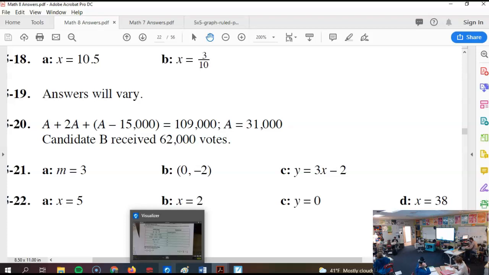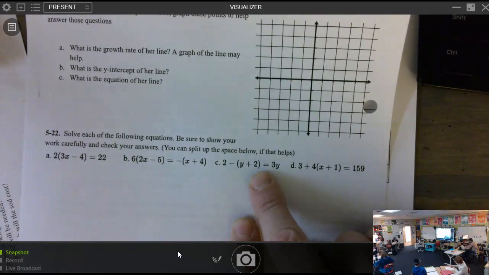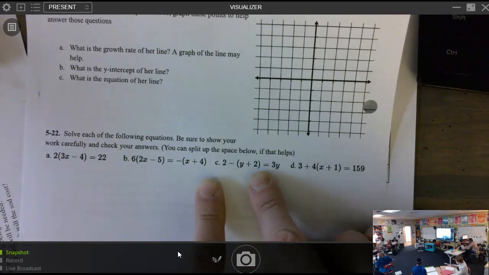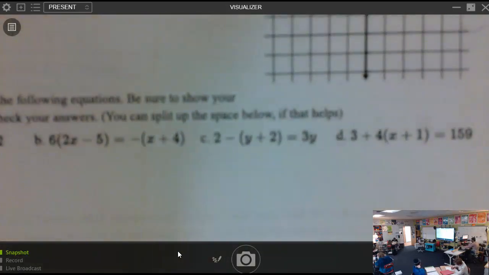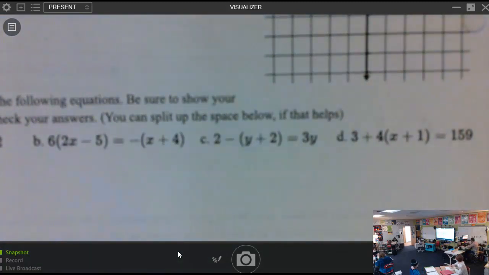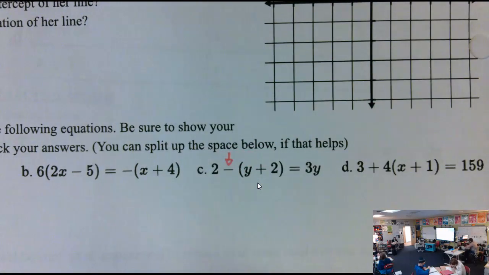Did you distribute the negative to both the y and this 2, making it 2 minus y minus 2? So what should happen here, I'll walk through it step by step. Maddie, go ahead and look up here. We've got to distribute this negative to everything in the parentheses after it.